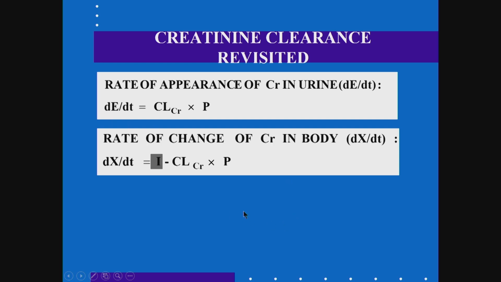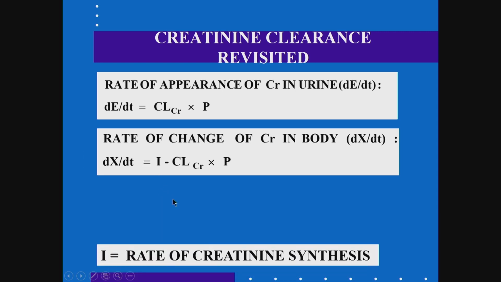Now let's think about the rate of change of creatinine in the body, X being the amount of creatinine in the body. So we have dX over dt now being equal to I, the rate of creatinine synthesis, this is an endogenous product, minus the clearance of creatinine times the plasma concentration.